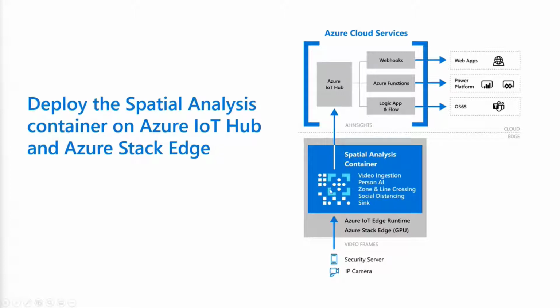So you have here your hardware, you have the spatial analysis, and the communication with the IoT Hub. Once you establish the communication and install your spatial analysis container inside of the hardware, you're going to have to make the configuration to connect with your IP cameras or a security server, and you get the streams from there, okay?